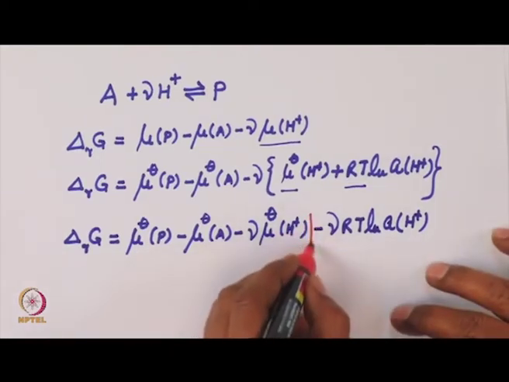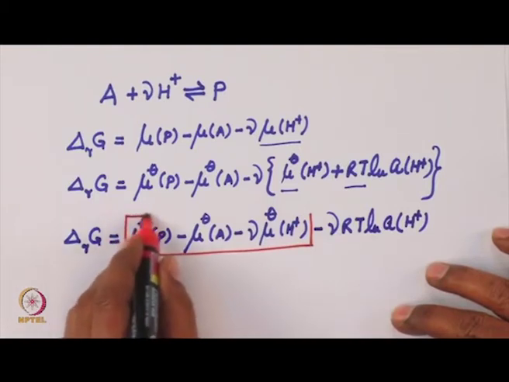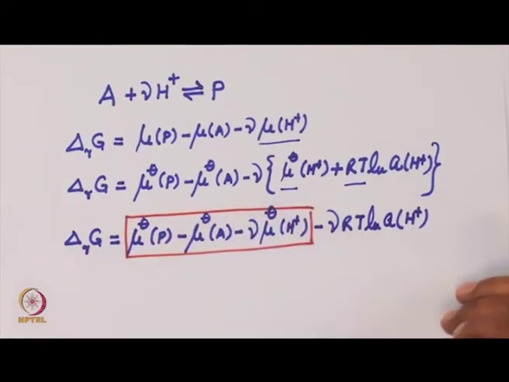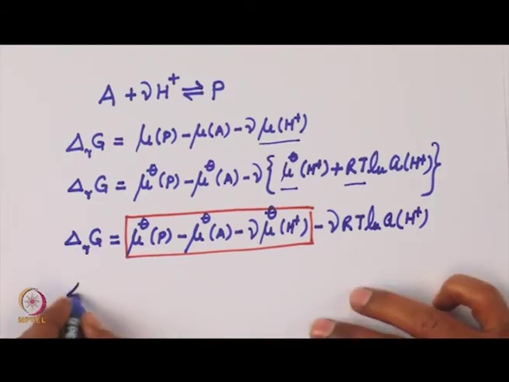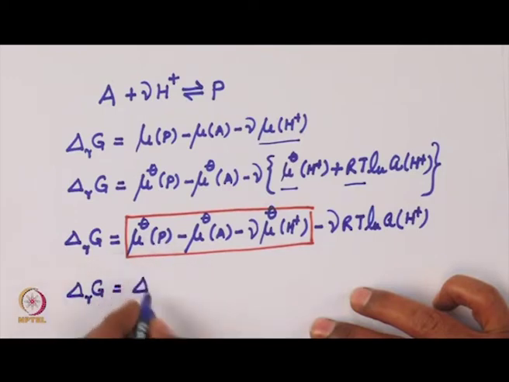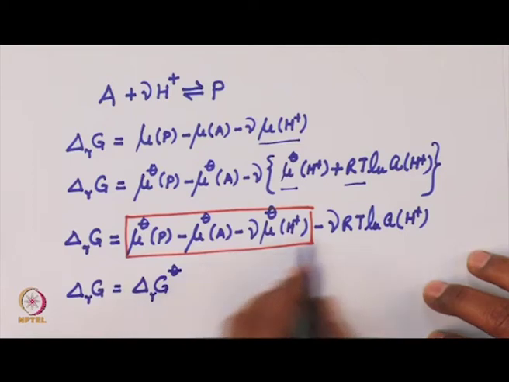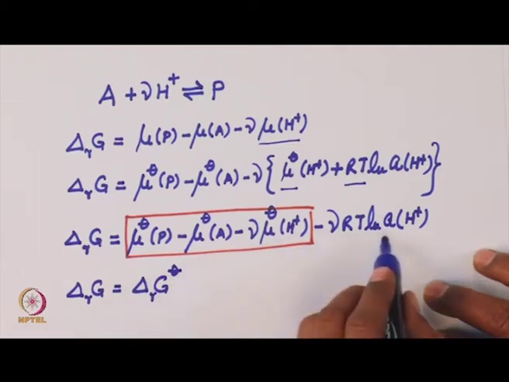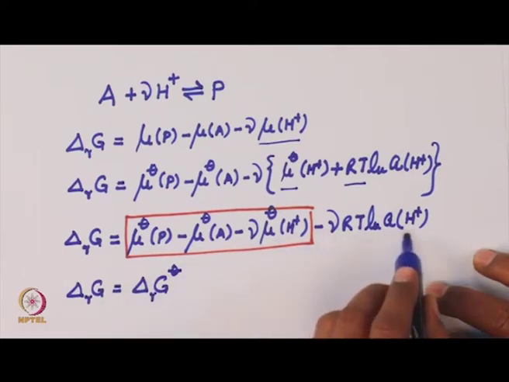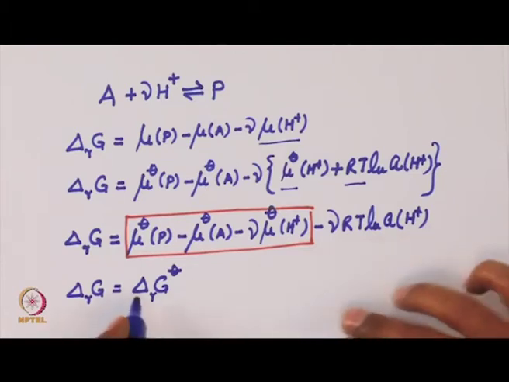I will combine all these standard state quantities, and therefore I have delta R G is equal to delta R G naught, the difference in the standard state chemical potentials, minus nu RT log activity of hydrogen ion.